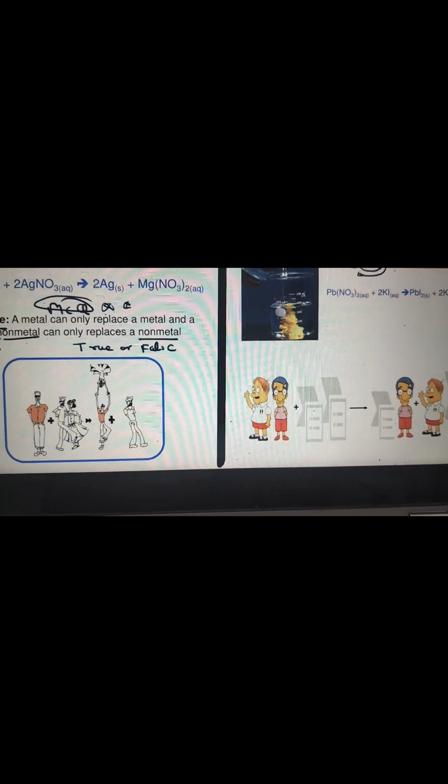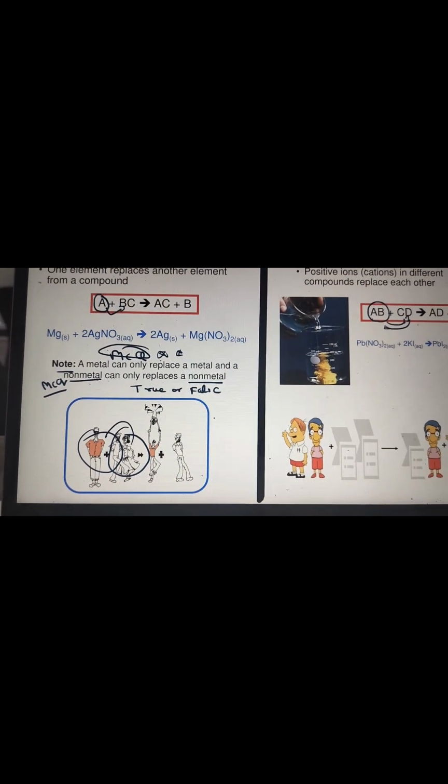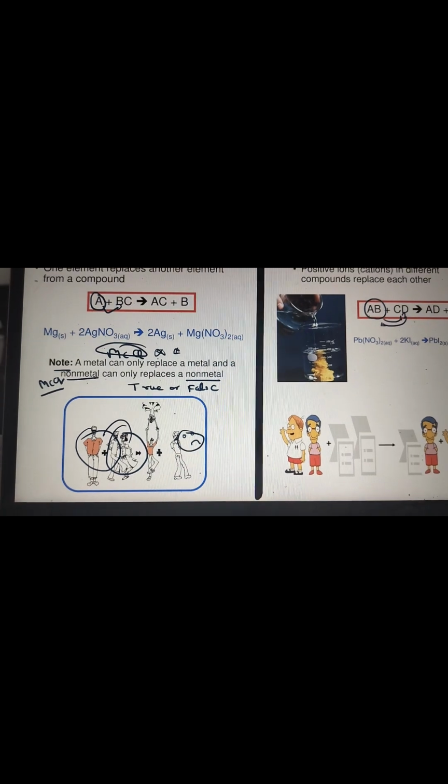It can also come as true or false, whether a metal will replace a metal or a non-metal, so you have to remember these things. See this, this was one couple, this was another boy, this girl got replaced with another boy and he got sad. So that is single displacement, and here in double displacement, both of them are getting displaced by each other.